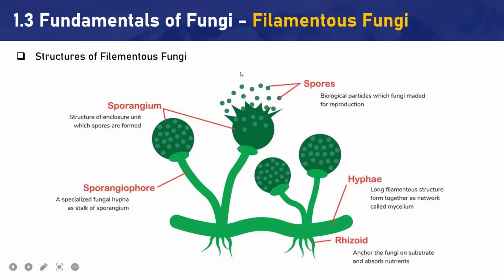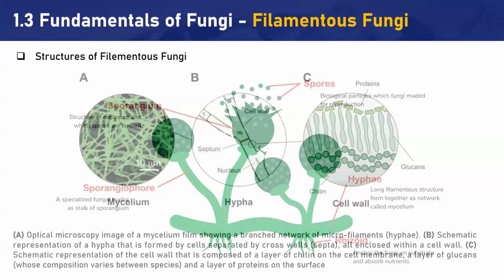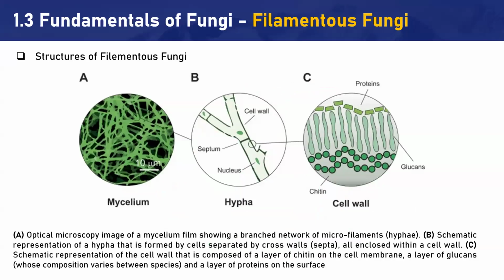There are many types of reproduction styles in fungi, however, usually they use spores. On the screen, some structures of the filamentous fungi: you can see the mycelium, the hyphae of the fungi, and the cell wall of the fungi.